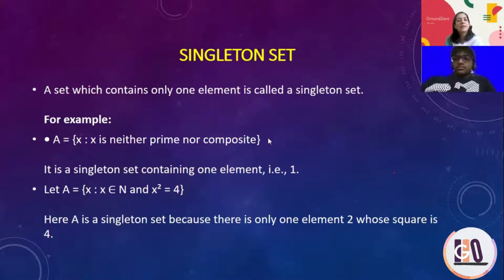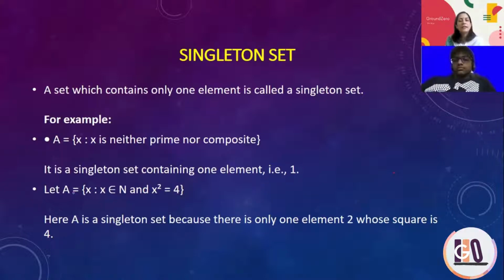The example given is: x is neither prime nor composite, so that is just the number 1. That will be the element of set A, so A is a singleton set. They can give you a set and ask which type of set this A is.